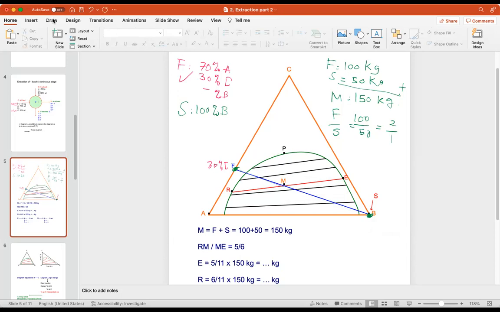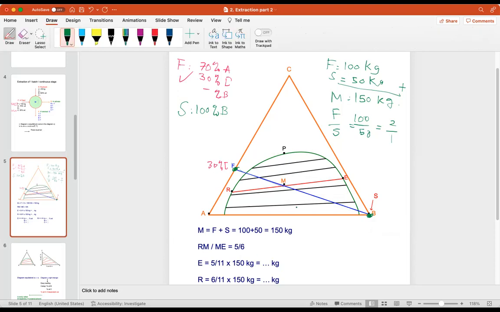This tells you that this is 2 parts and this is 1 part: 2 parts for the feed and 1 part of the S. Up to here, any question?